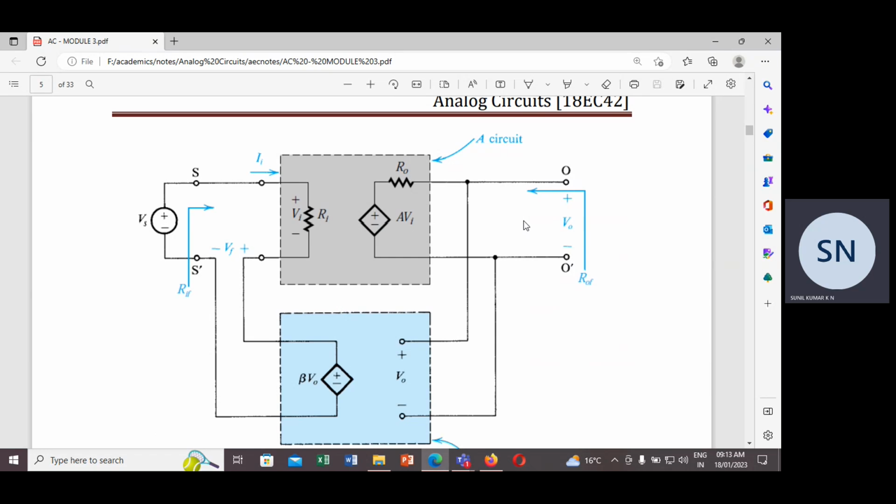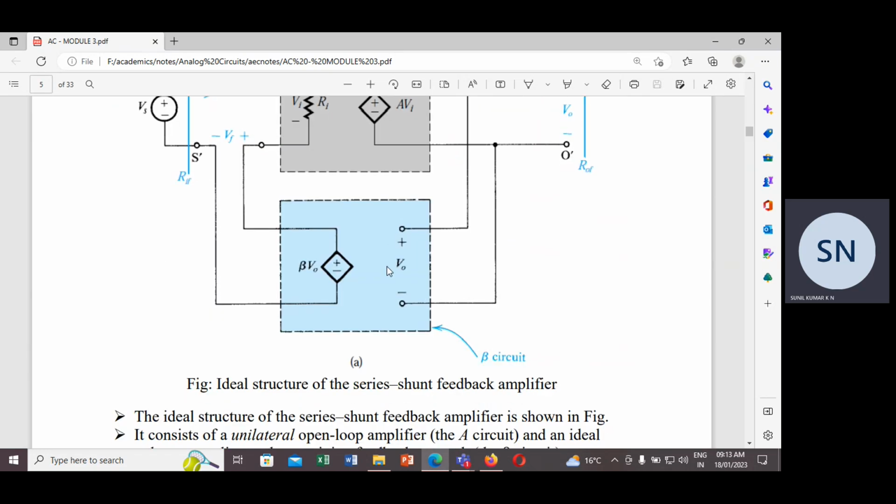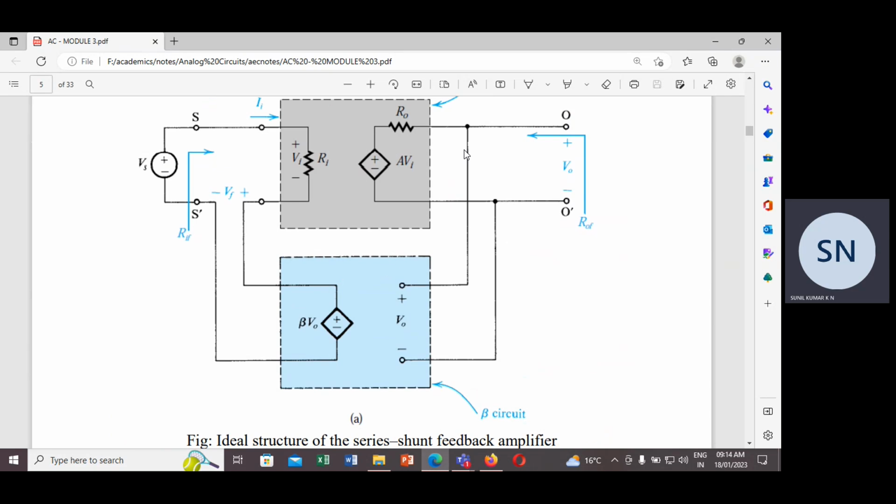First, for the series shunt, on employing this feedback circuit, the input resistance with feedback, compared to the input resistance of the amplifier, has been increased by a factor of 1 plus A beta. That means this circuit increases the input resistance of the feedback amplifier. That is the conclusion.